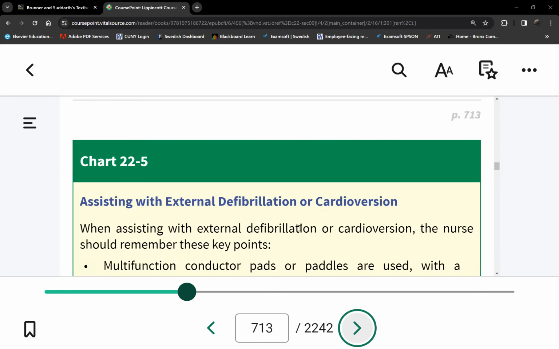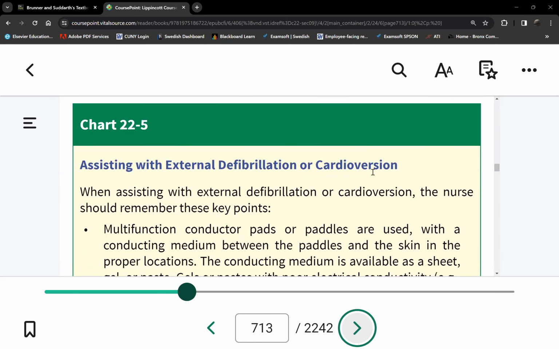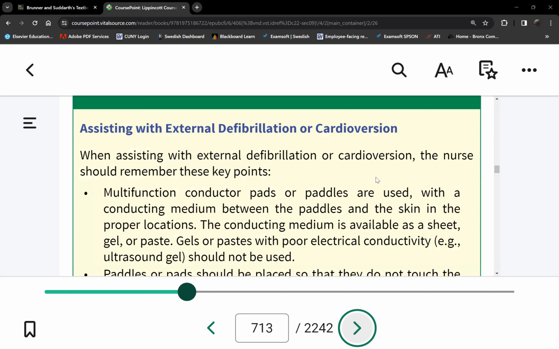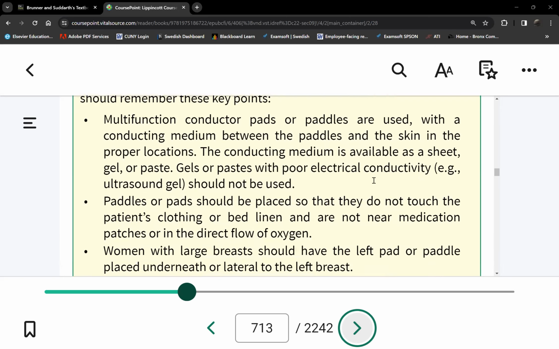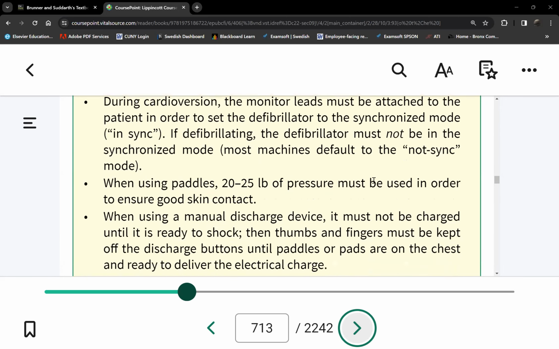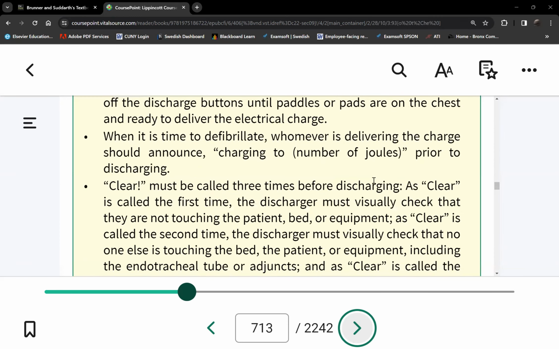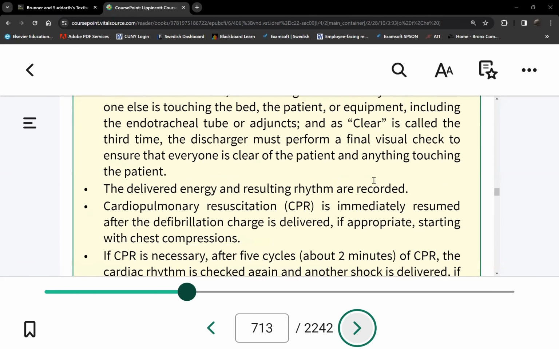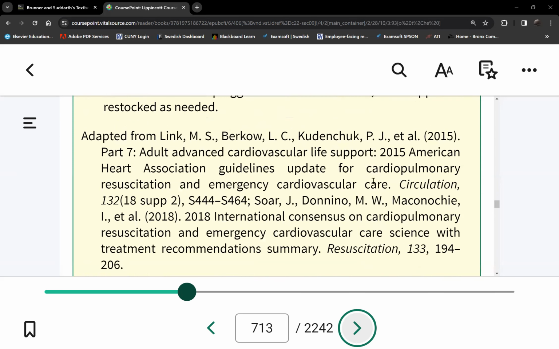Here are your duties with defibrillation or cardioversion. You're supposed to be familiar with these because you did BLS. Who is up for renewal this year? Okay. And don't forget to yell clear.